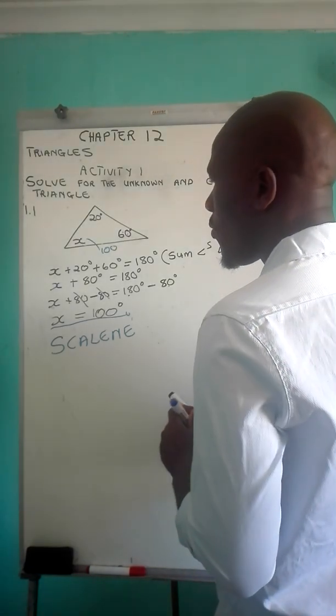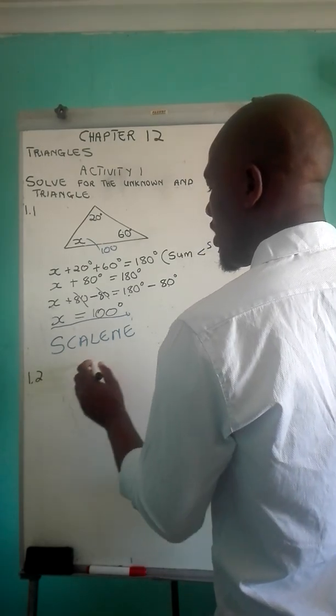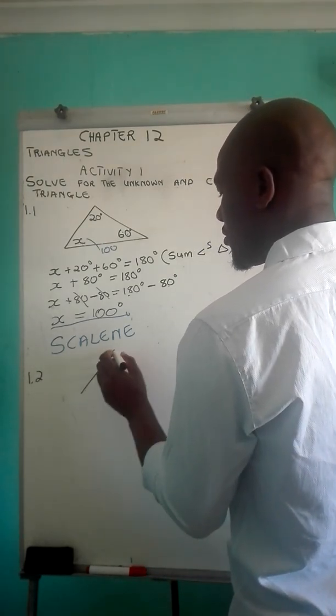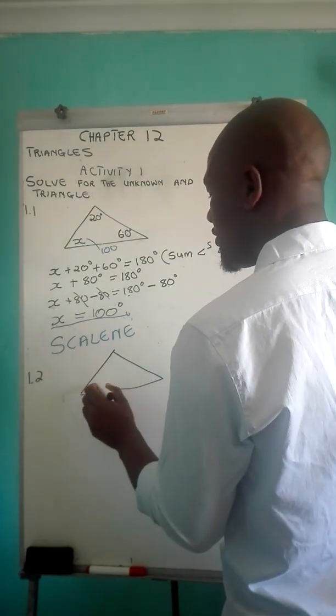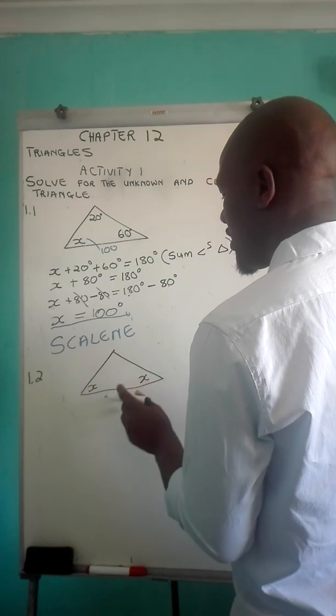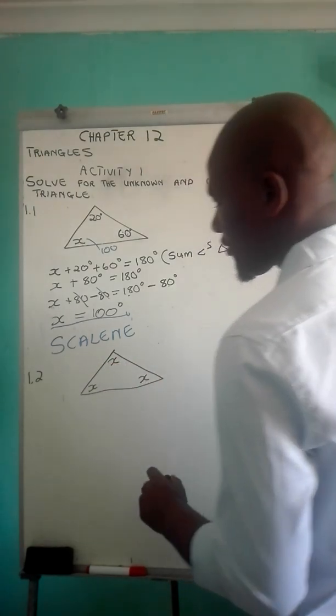Okay, 1.2. This is x, this is x, and this is x.